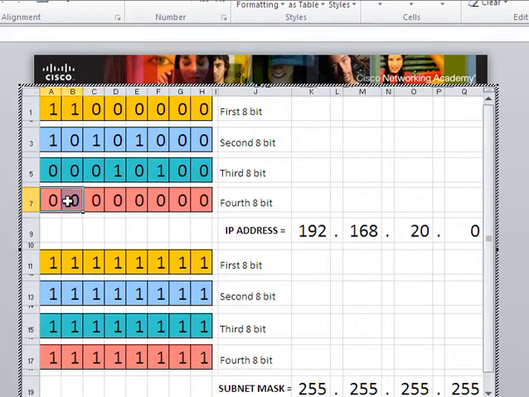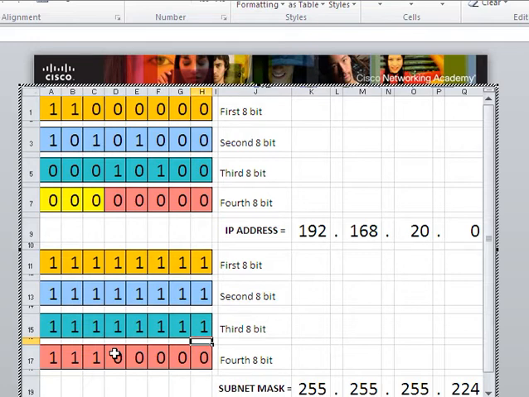The subnet mask is 8 bits, 8 bits, 8 bits, and the first 3 bits set to 1, because in a subnet mask the rule is that all network bits are set to 1 and the remaining host bits are all set to 0. So in all 8 subnetworks this will be my subnet mask.